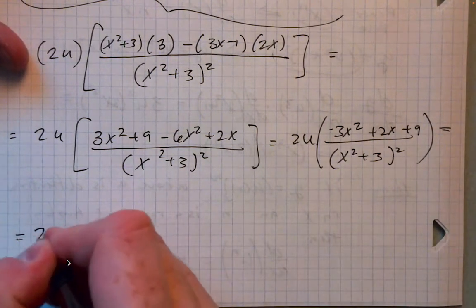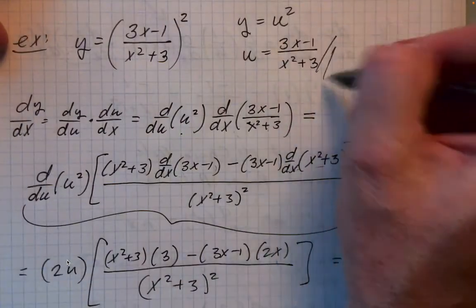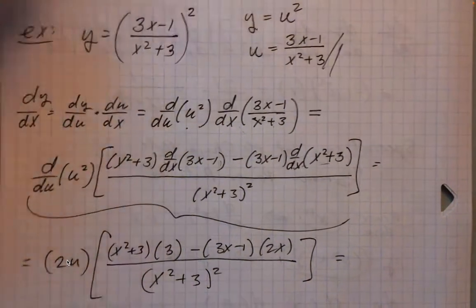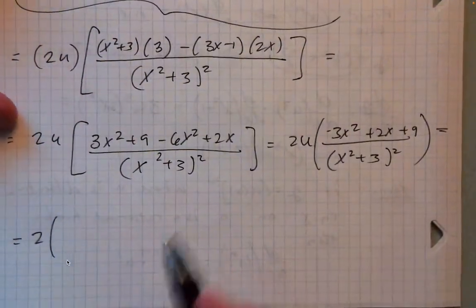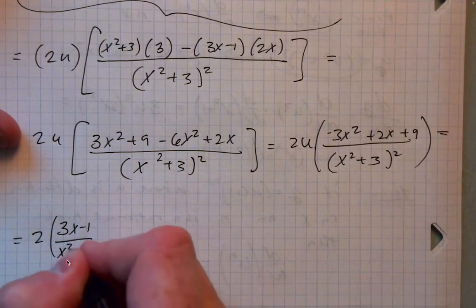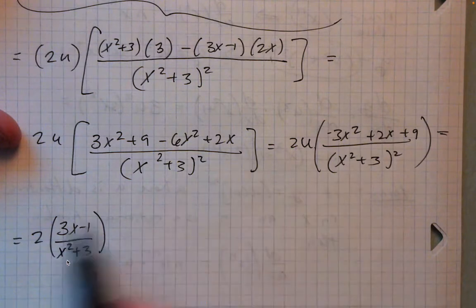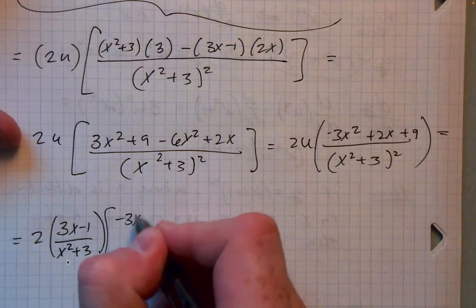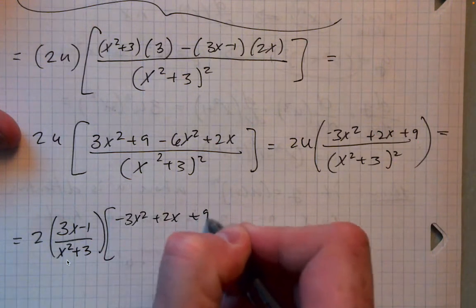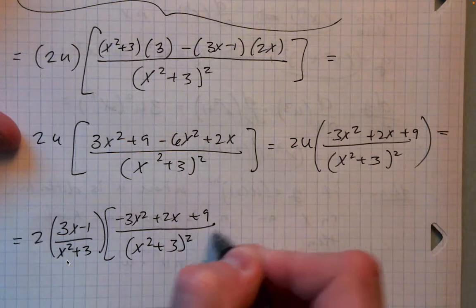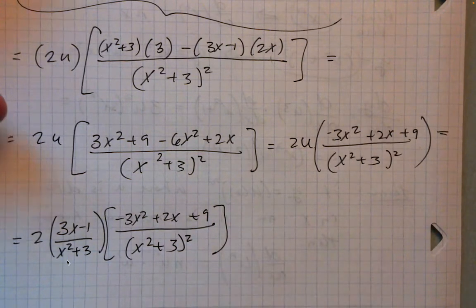So remember, this is 2 times, and up above you can see what u was, 3x minus 1 divided by x squared plus 3. So let's plug that into the expression. You don't want to drop that. So 3x minus 1 over x squared plus 3, that's the u, and then this whole part is still in here. Okay, so that's good.